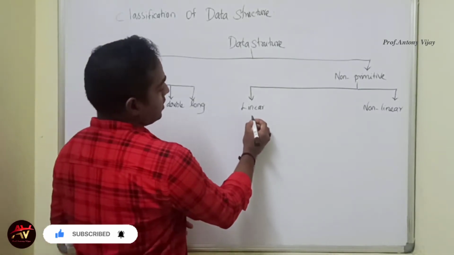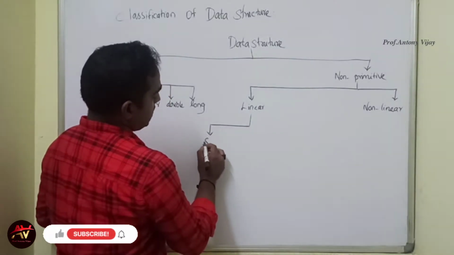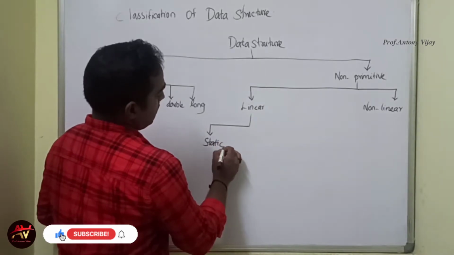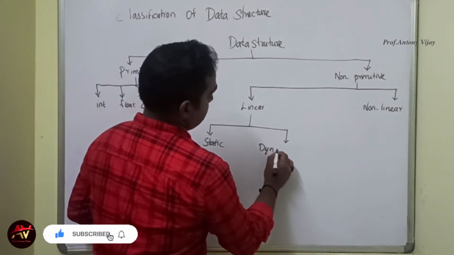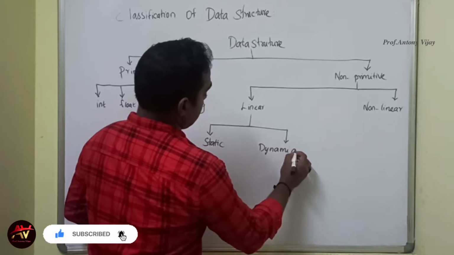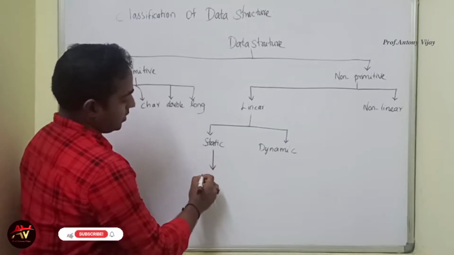Linear can be divided into two parts. One is static, the other one is dynamic. Under static, we will be having only one data structure, that is array.